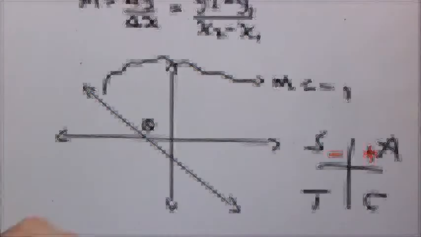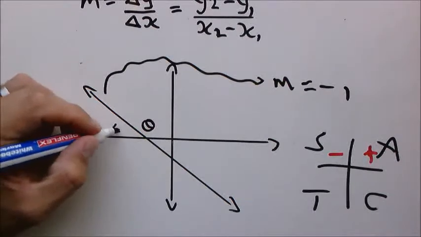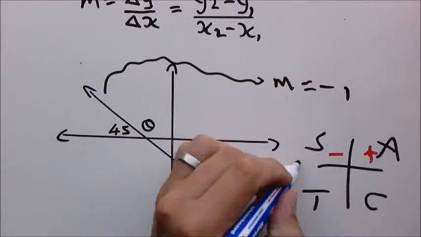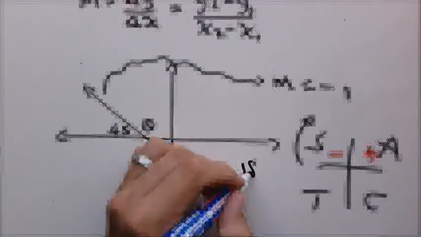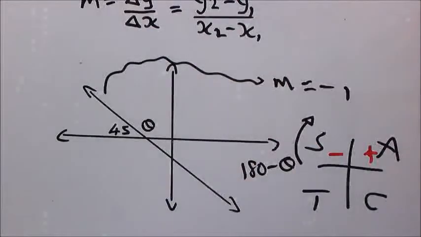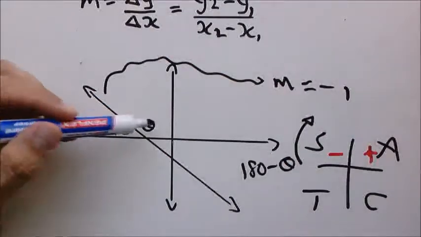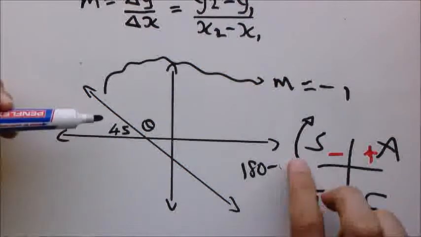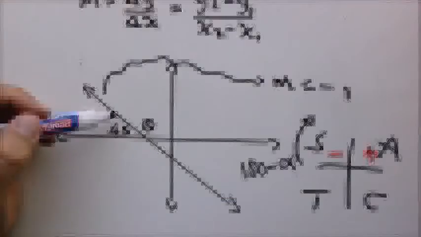So that means you'll get this angle right over there. Because in the second quadrant, we are looking at 180 minus theta. So this angle size, theta, will be 180 minus 45.